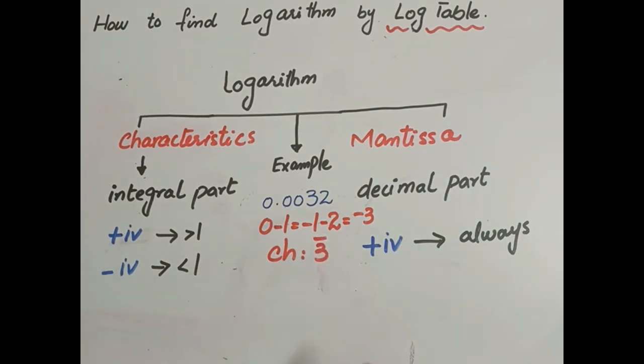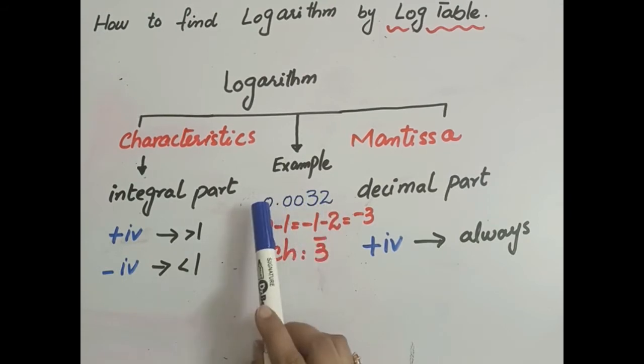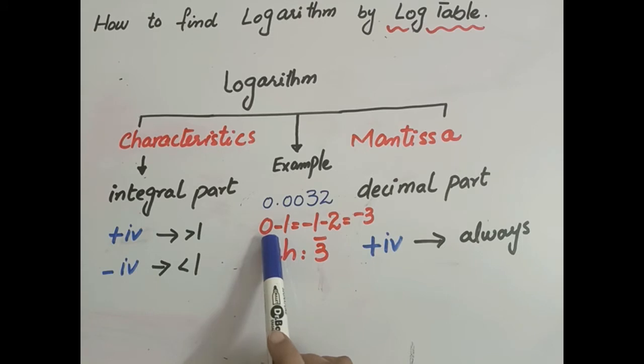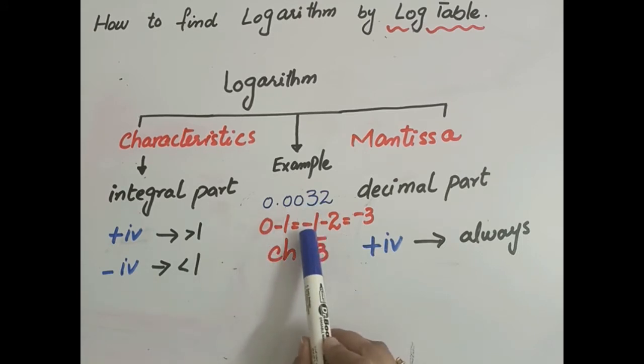Fine. Let's repeat this again. Here I have told you the simple rule to find the characteristic: whenever we have a number in which the integral part has no digit, it means 0 digits in the integral part, I have to subtract 1 from it. Fine. So the answer is -1.